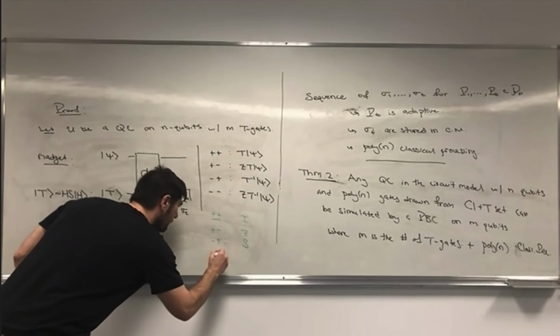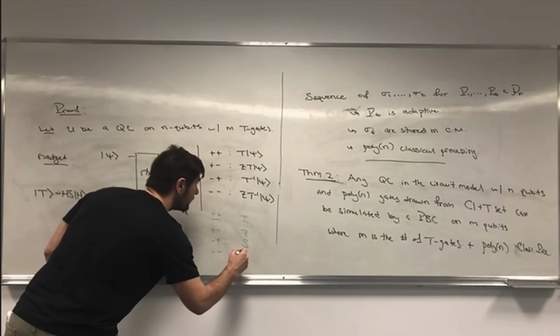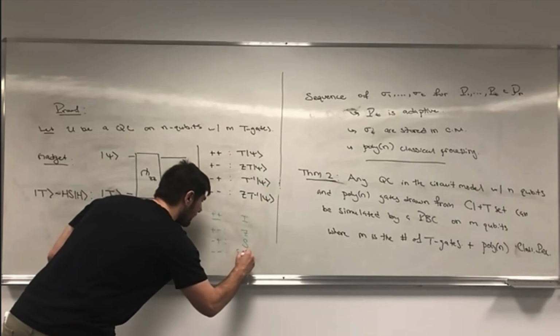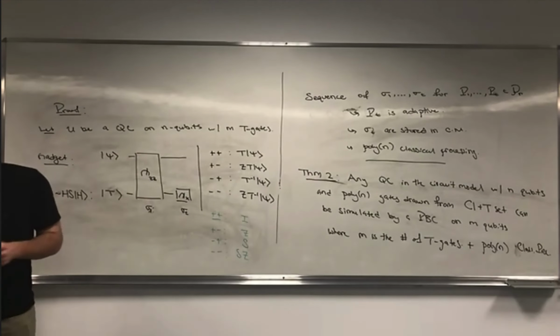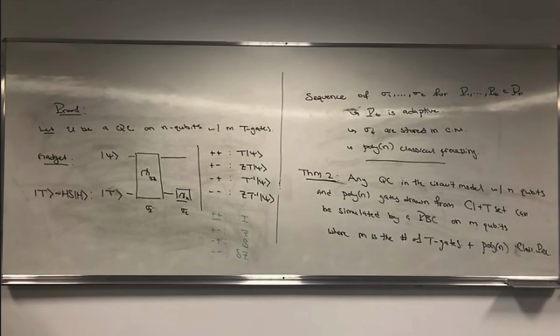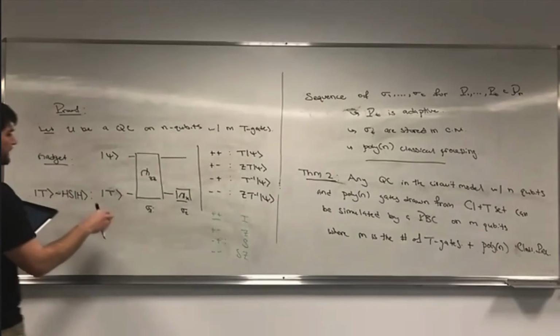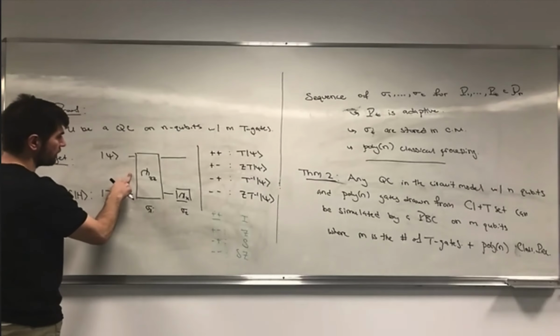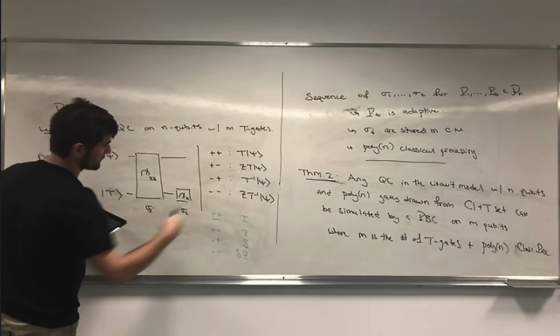And then for minus minus, you can apply, I suppose, S and then Z and then S, sorry, the other way. So everywhere that there's a T gate, we will replace it with this gadget, which includes Pauli measurements and some Clifford unitaries, which help to correct.